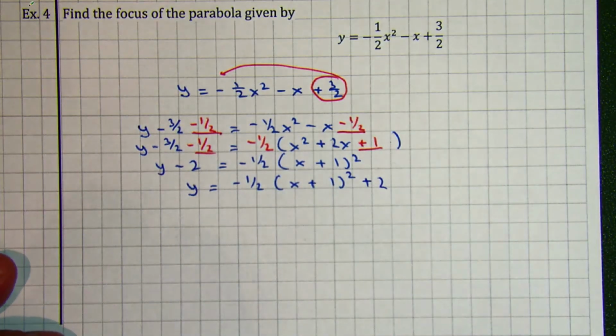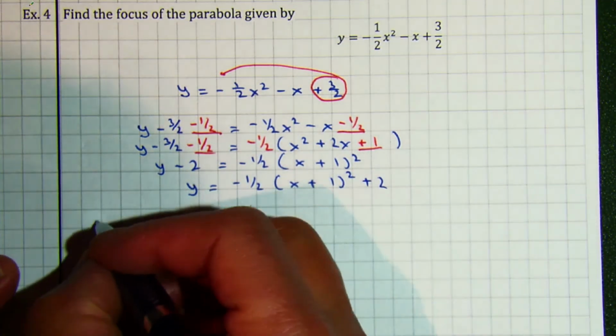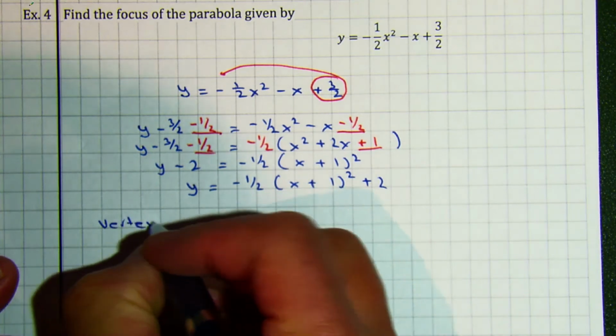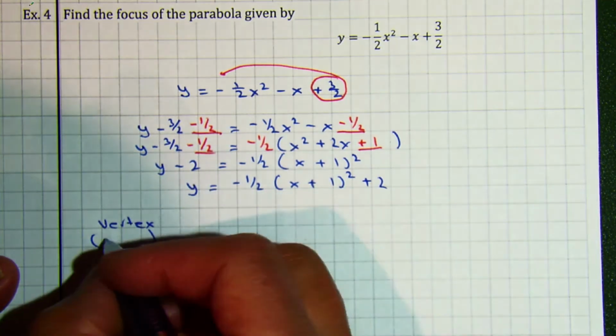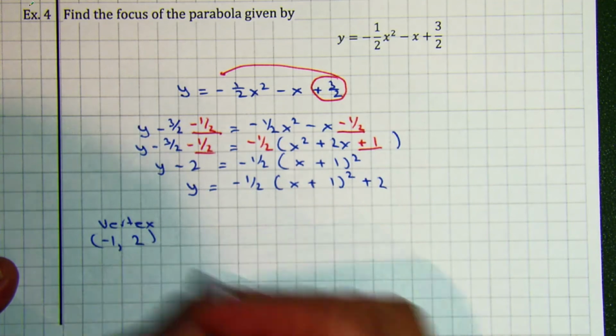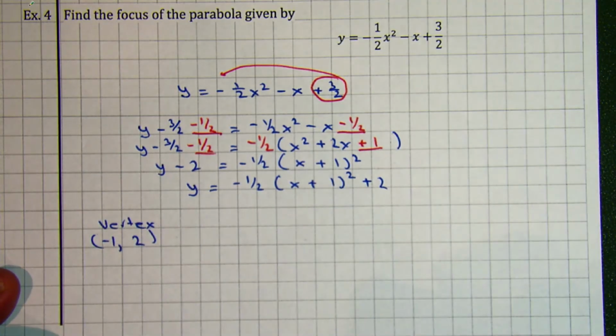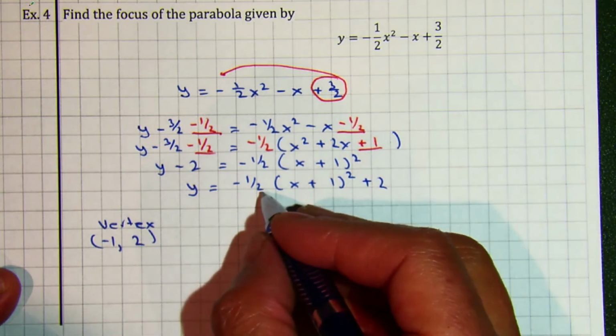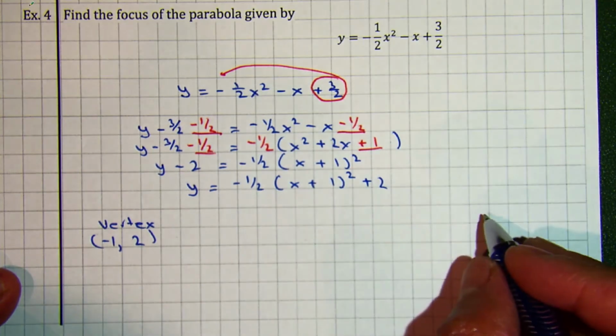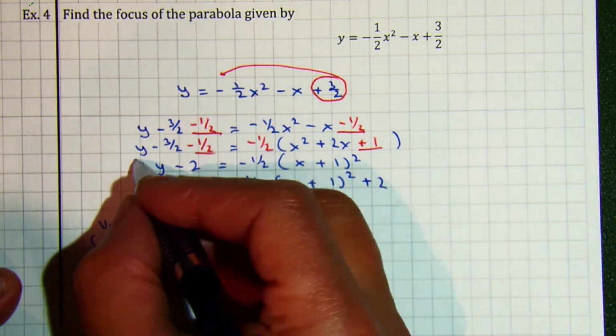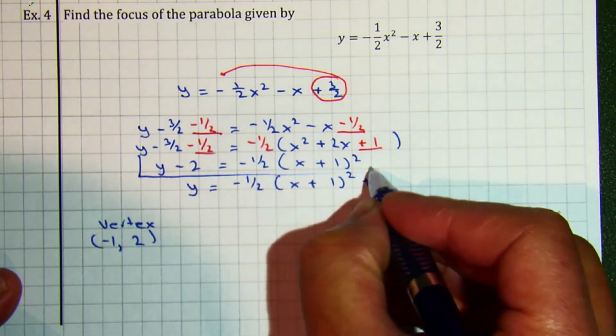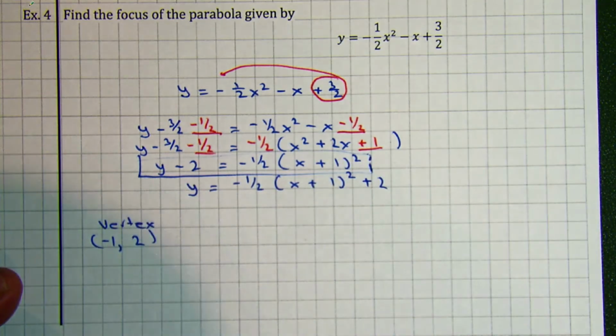And now that I have it in standard form, now I know that my vertex is negative 1 and positive 2. I know that my parabola is facing to the, well, this should be in standard form, correct? Or not yet.